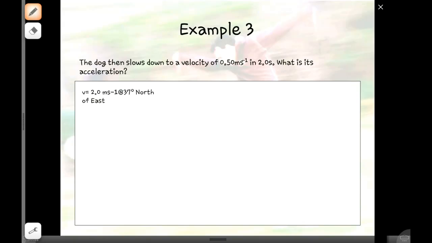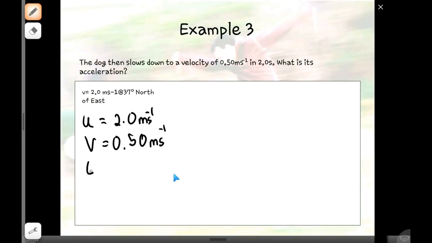So that's his initial velocity, u, equals 2.0 m s^-1, and my final velocity, v, equals 0.50 m s^-1. Okay, what is his acceleration? And t equals 2.0 seconds, and acceleration is my question mark. I want to know, what is his acceleration?